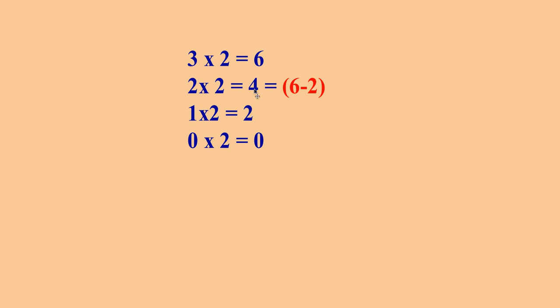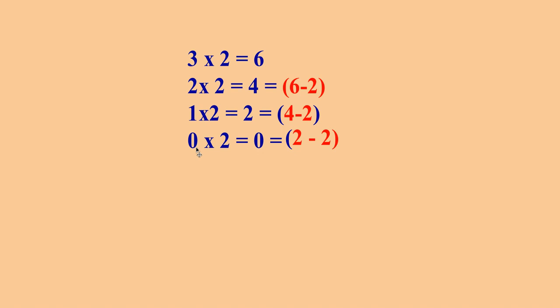It is 4 minus 2. Then what about this 0? It is 2 minus 2. Now you see here I multiplied with 3, here with 2, here with 1, here with 0.